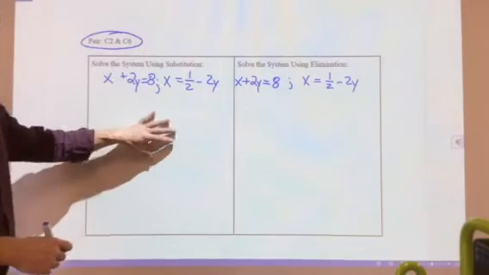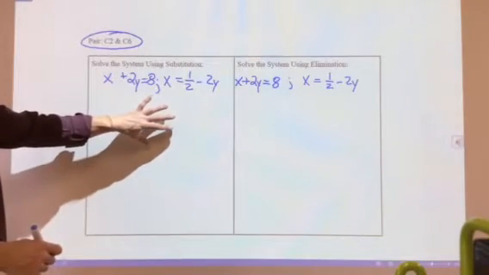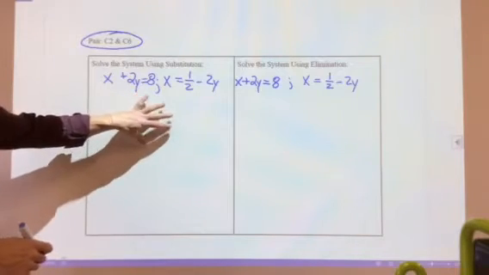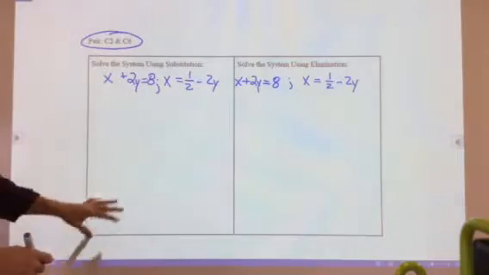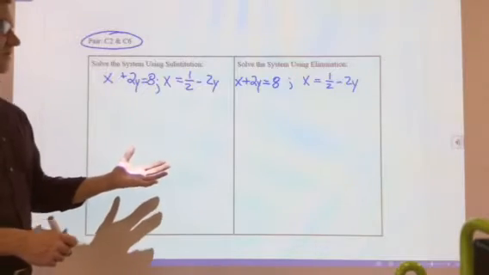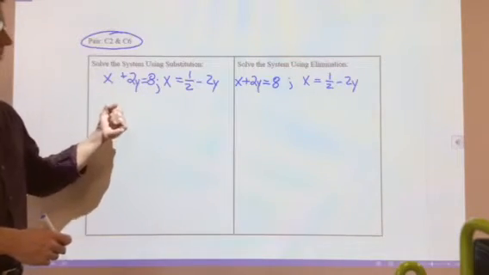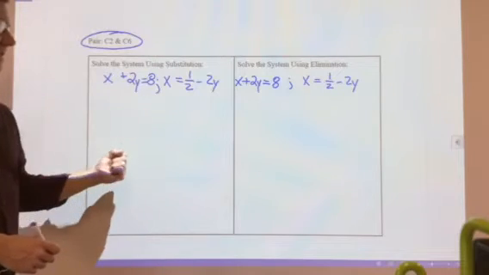In the first set of equations, we're being asked to use substitution to show the nature of this system. Now, you need to make a decision when you're working with substitution. I'm going to substitute x or y from one equation into the other.